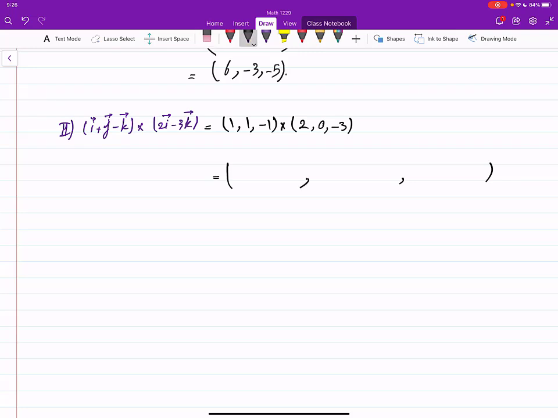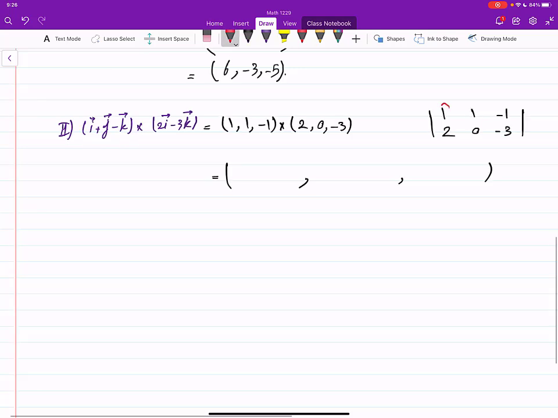And to find its components, we put this first vector in the first row, the second vector in the second row. To find the first component, we cover the first column. Then the remaining is a 2 by 2 matrix, and we are supposed to find its determinant.